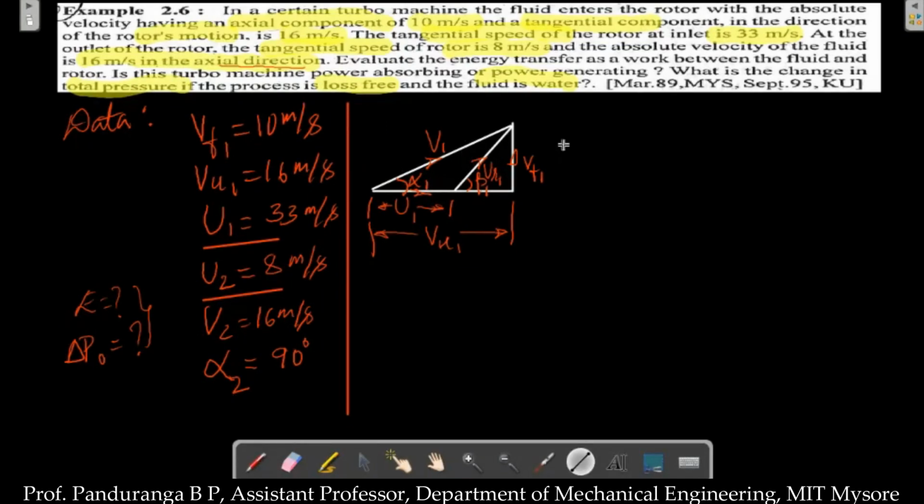While writing the outlet velocity triangle, I'll write U. U is towards right. This is U2. And then from this end, I have to write V2. So V2 is a vertical line because alpha 2 is 90 degrees. Since alpha 2 is 90 degree, V2 is a vertical line, and I'll join these two ends.